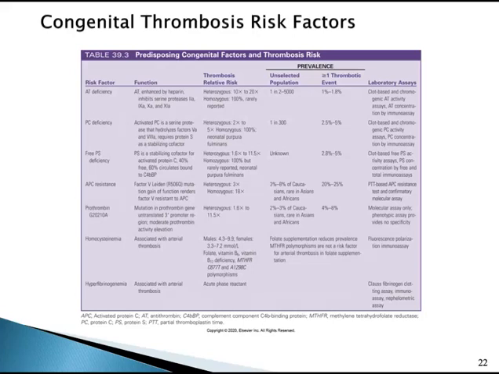So one of them is antithrombin deficiency, protein C deficiency, free protein S deficiency, activated protein C resistance, and prothrombin G20210A, homocystinemia, and hyperfibrinogenemia. So these are disorders that predispose the patient to thrombosis, and we'll talk about some of them in the next slide.